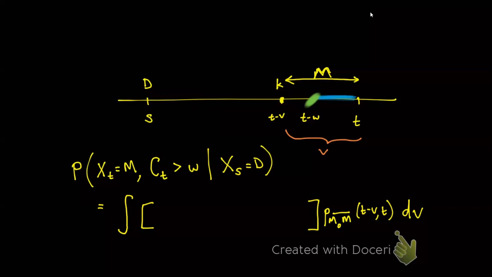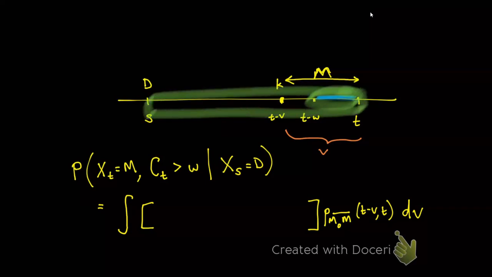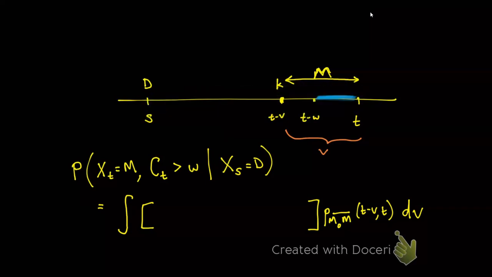So V can be anywhere from this length here, which is W, up to the full length, which is T minus S. So the range of values that V could take on is from W up until T minus S.